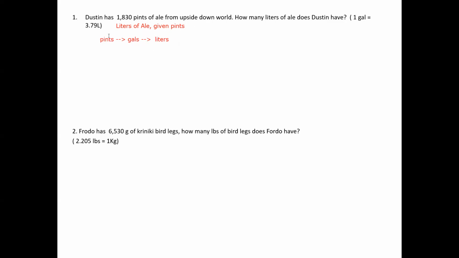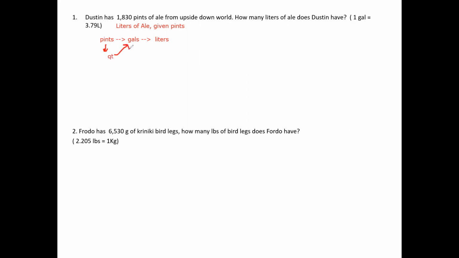So in order to go from pints to gallons, we have to know the conversion factor. And if you don't know pints, you may say, well, I don't know what pints to gallons are, but I do know, for example, how many pints in a quart. And then I know how many quarts in a gallon.